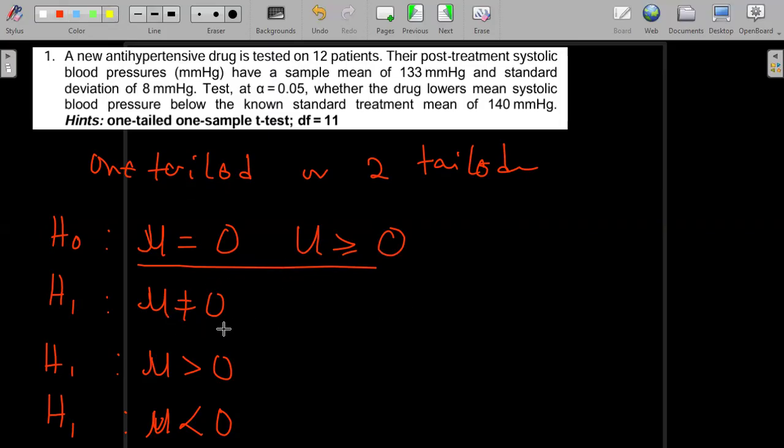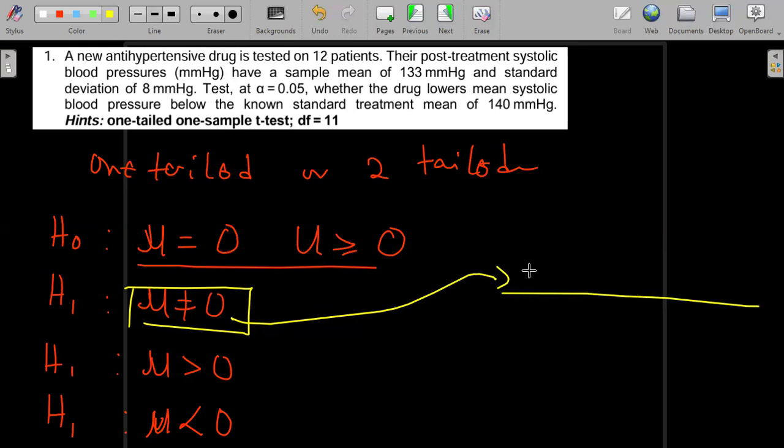As I was saying, depending on what your alternative hypothesis is stating, you are going to come up with a one-tailed test or a two-tailed test. This one here says the mean is not equal to 0, meaning the test can go to the right side and it can also go to the left side. So we say that one is a two-tailed test.